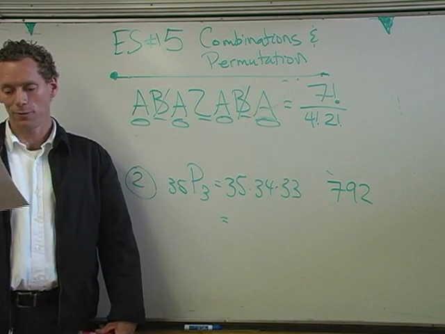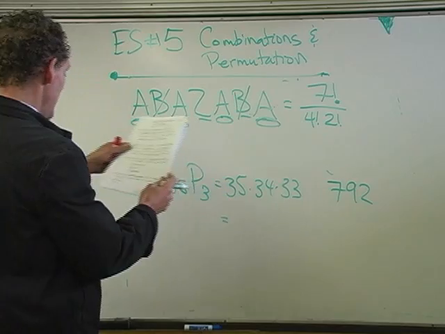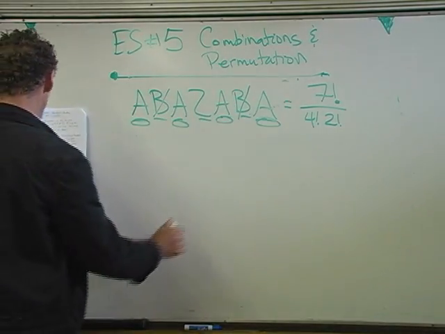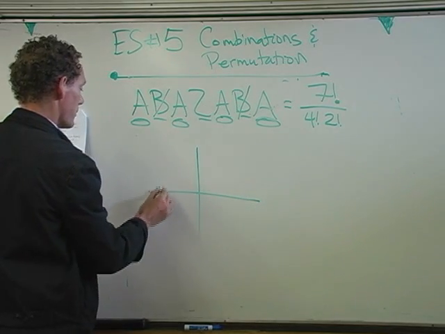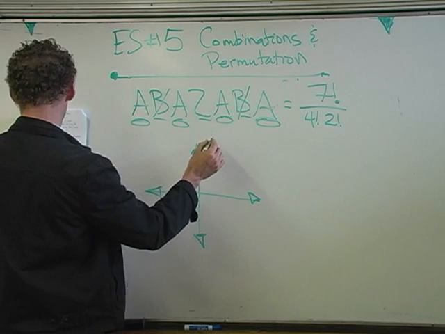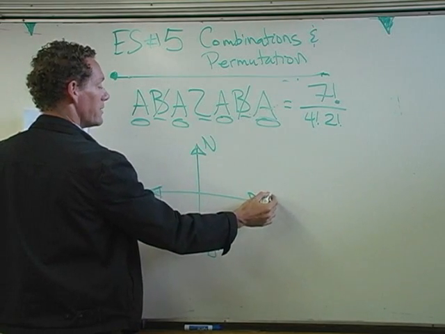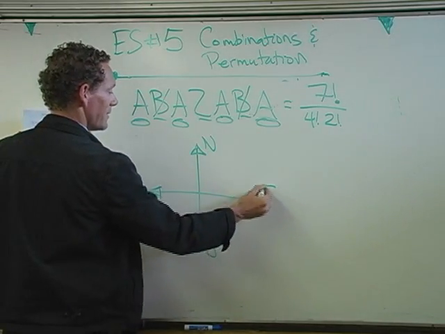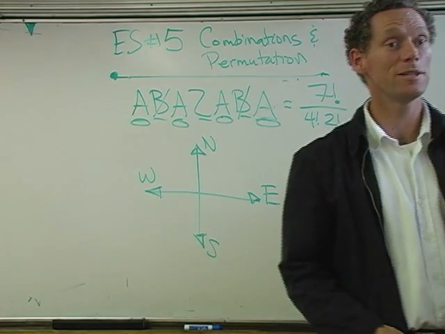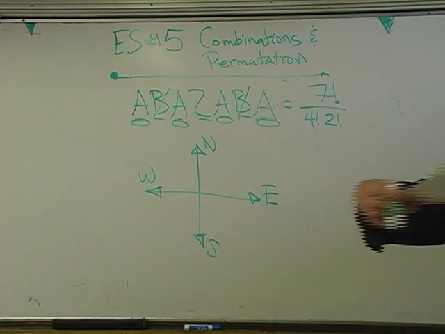And lastly, question 4. How many different arrangements of the letters NSEW, like a compass rose, north, south, east and west, would there be?